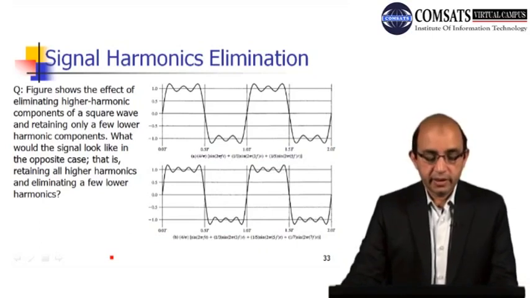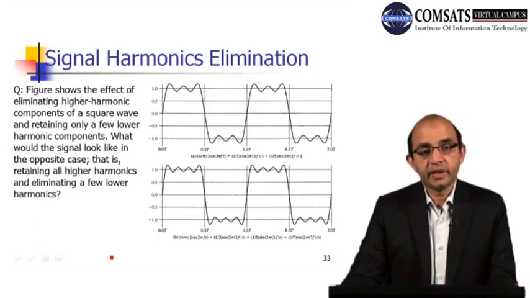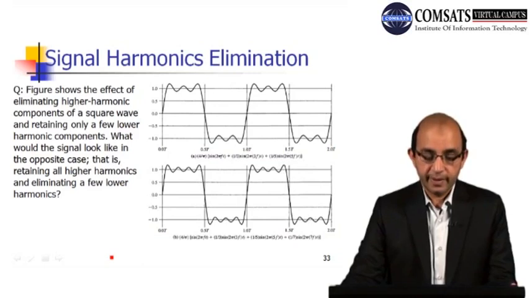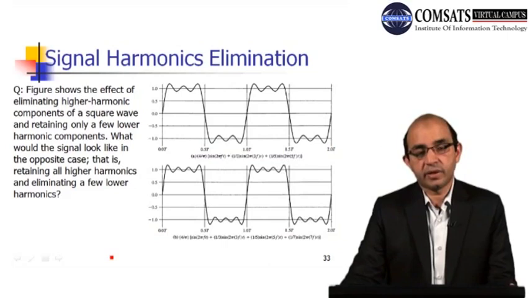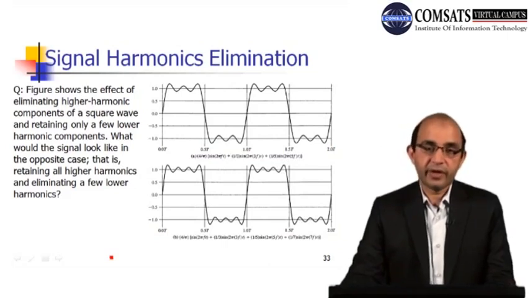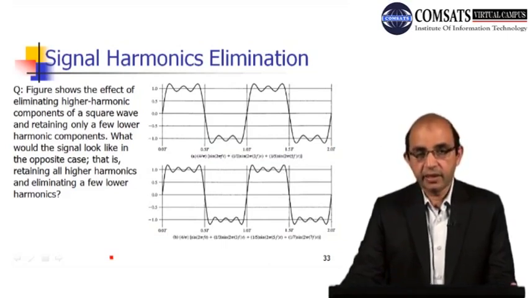So there can be another case where we ignore the first few harmonics, that are the lower order harmonics, and we consider the higher order harmonics. For example, if I have a signal and I decompose it into different frequency components, f, 3f, 5f, 7f, 9f, and so on.